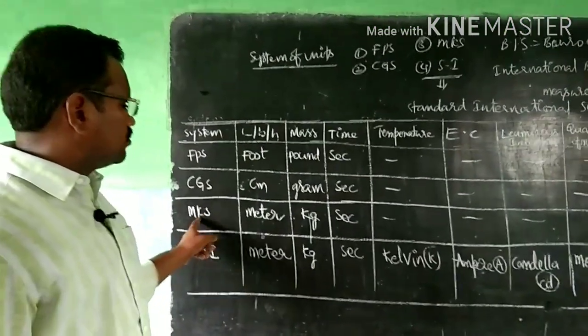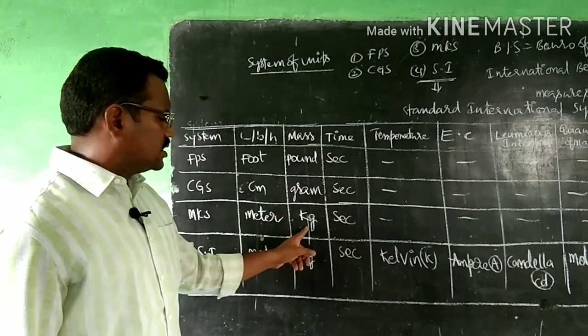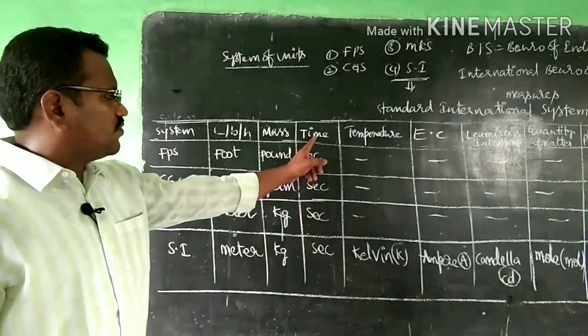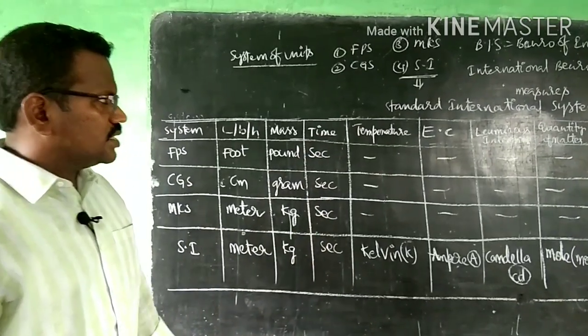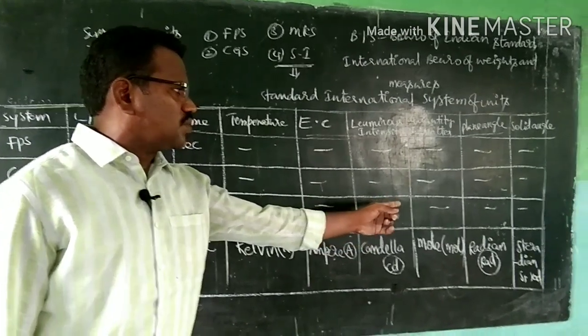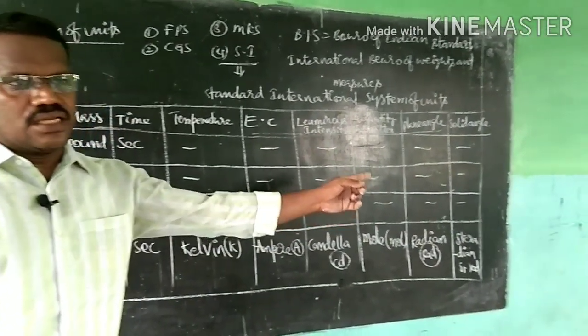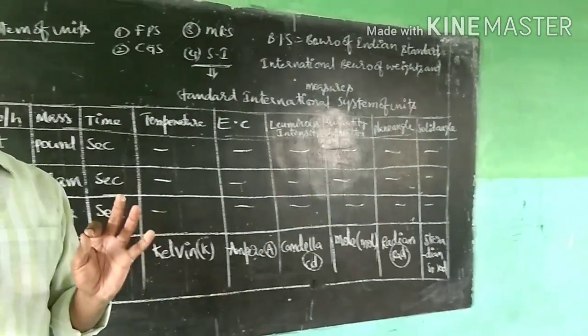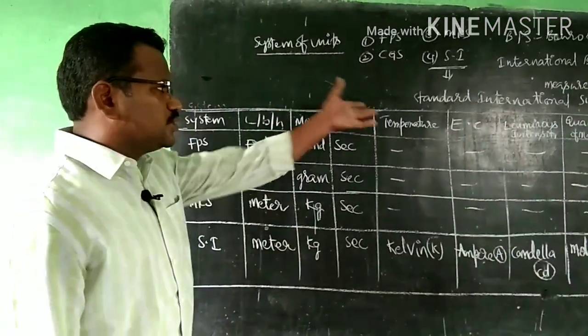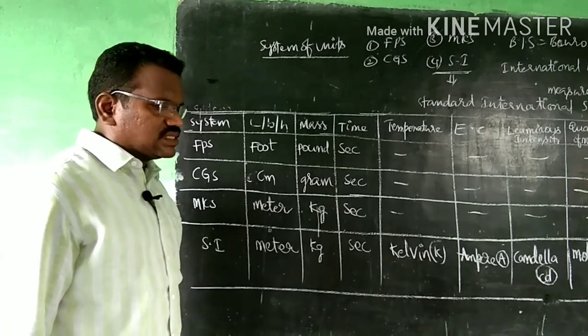The unit of mass is kilogram. The unit of time is second. Temperature, electric current, luminous intensity, quantity of matter, plane angle and solid angle do not have units in MKS system. Those units are added in SI system.